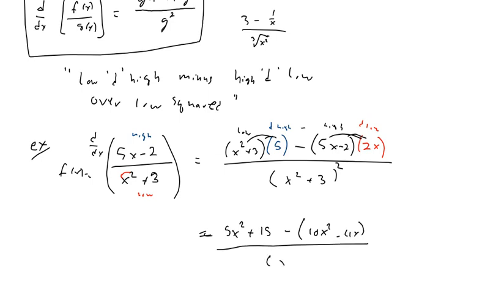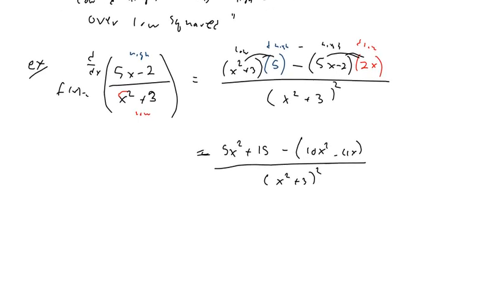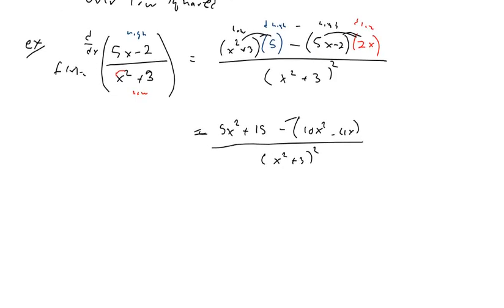Distribute this negative part. I'm going to have negative 10x squared plus 4x. So let's see, I'm going to have negative 5x squared plus 4x plus 15 over x squared plus 3 squared. And that's my simplified answer.